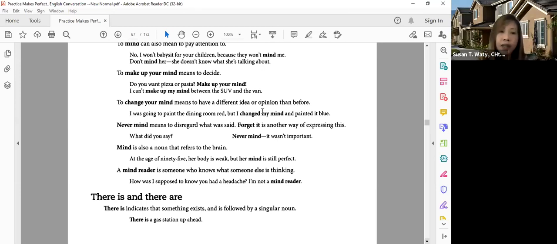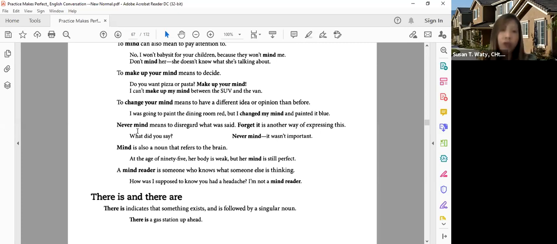Example: I was going to paint the dining room red, but I changed my mind and painted it blue. Never mind means to disregard what was said. Another way of saying never mind is forget it. It's the same meaning.